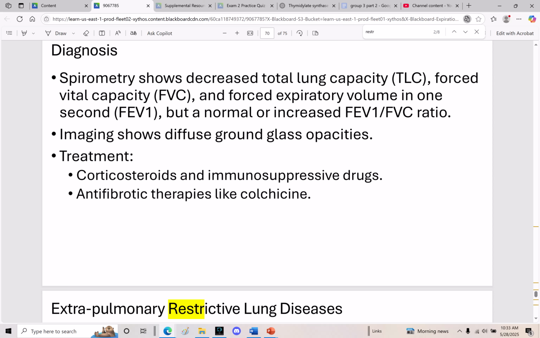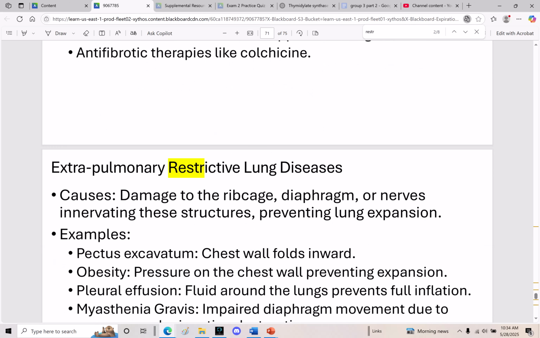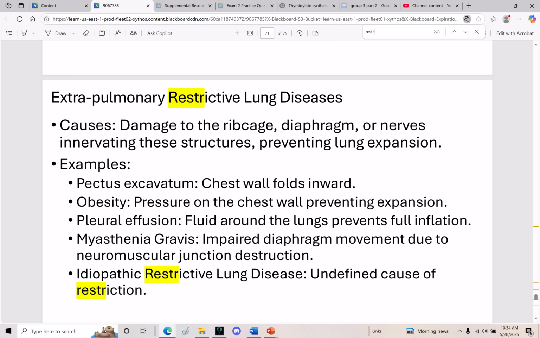So pectus excavatum, basically when you have a depression of the thoracic cage, okay? So the thoracic cage is not the normal size, and it is depressed inwards. Now, obesity can do it to some extent, basically because you have tremendous amount of pressure on the chest wall, preventing it from expanding, right?